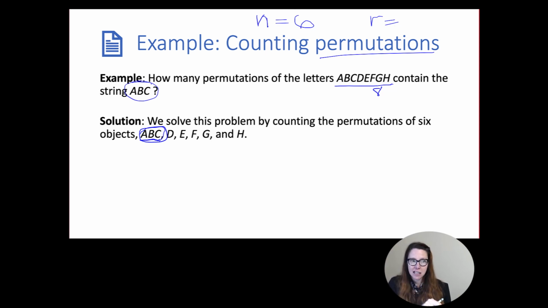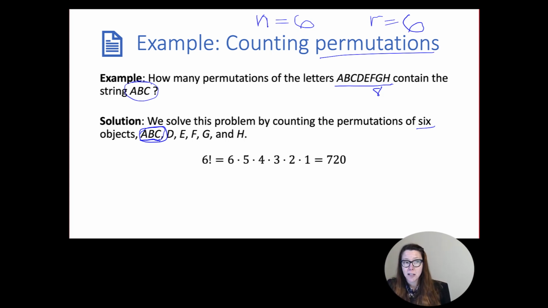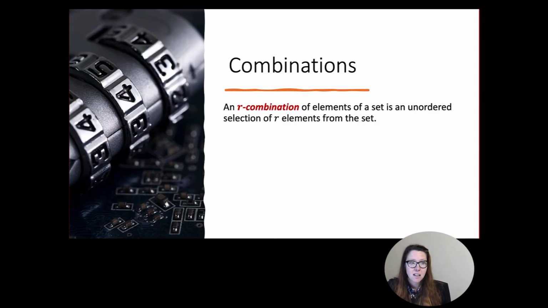And so how many ways can I mix up D, E, F, G, H, and this one block of 3 letters, A, B, C? So it's a permutation of 6 objects, and I want to use them all, right? I want the full permutation. So R is equal to 6. And we know in that scenario, it's 6 factorial over 0 factorial, or we can just say 6 factorial. And so there's 720 ways we can do that.